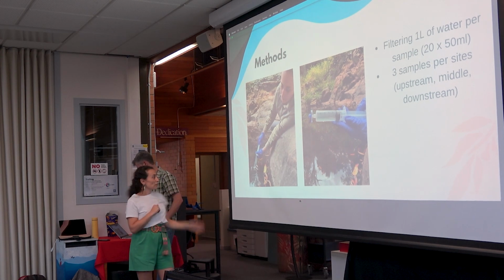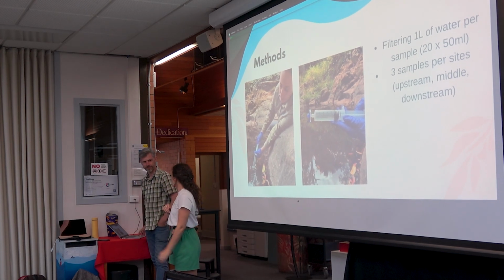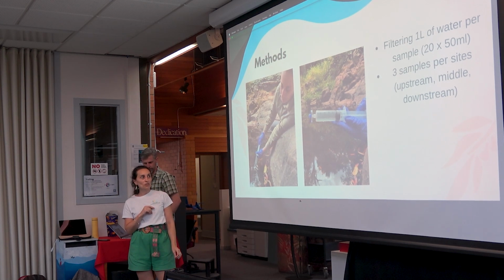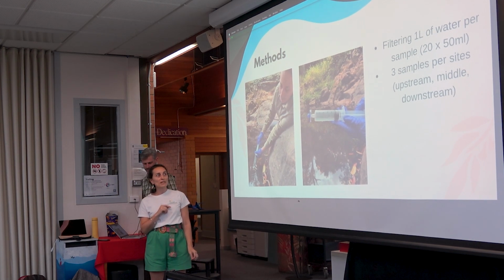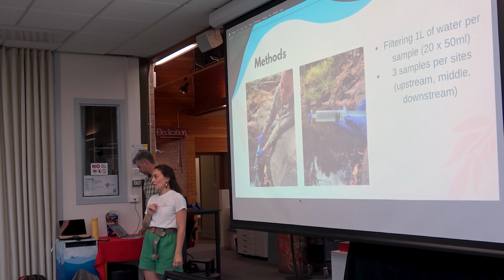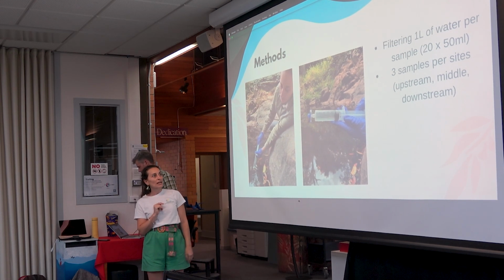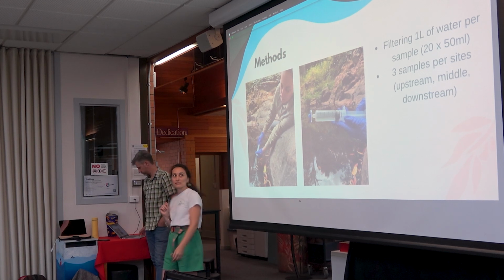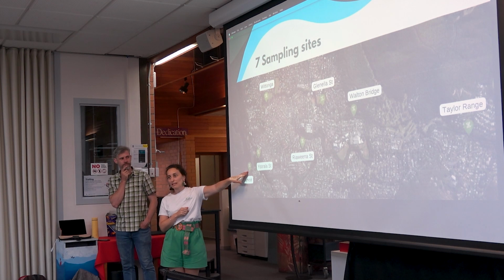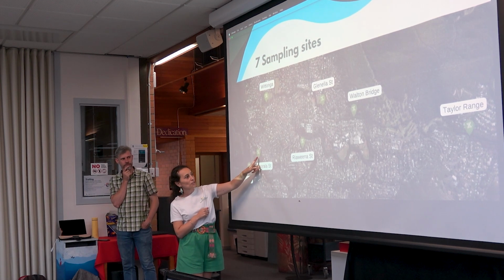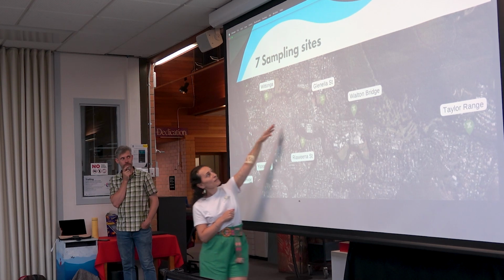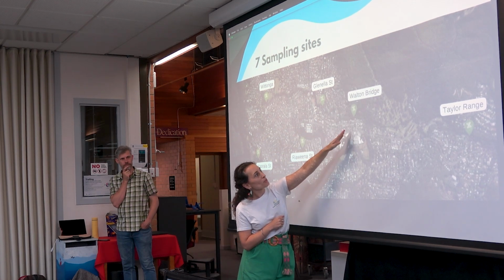So with Andrew, on one day in October, we spent 7 hours together sampling the creek. We did 3 samples per site, so it takes roughly an hour per site to do 3 samples, and we sampled 7 sites, which Andrew is going to show now. We have one site at the dam, one at Enoggera Street, Riawena Street, Witanga Park, Glenella Street, Walton Bridge.